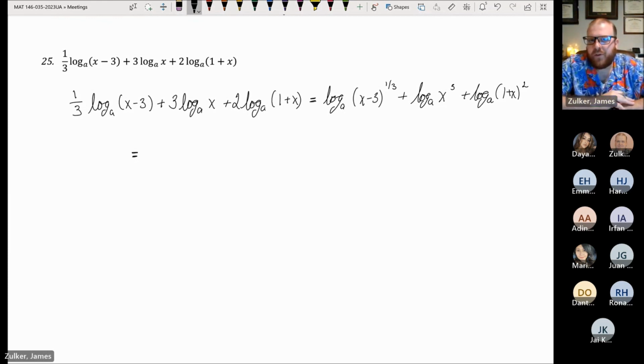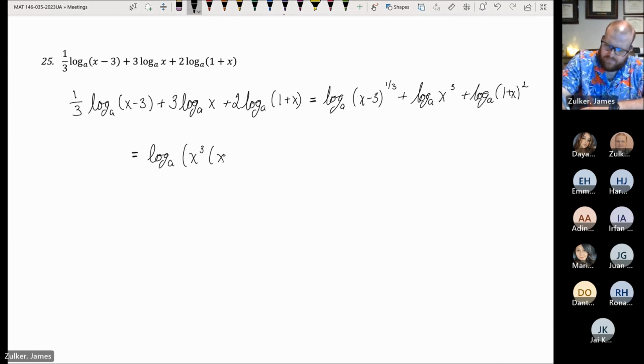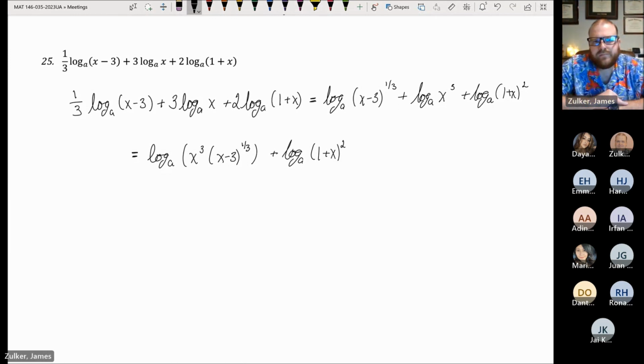Right? Or again, it doesn't matter. We can do it however we want. We combine these two terms. Now we have the sum of logs still.